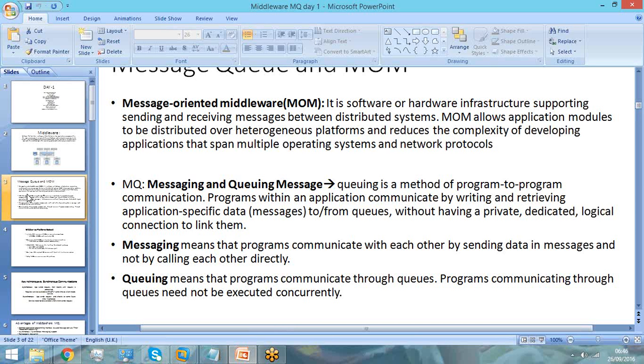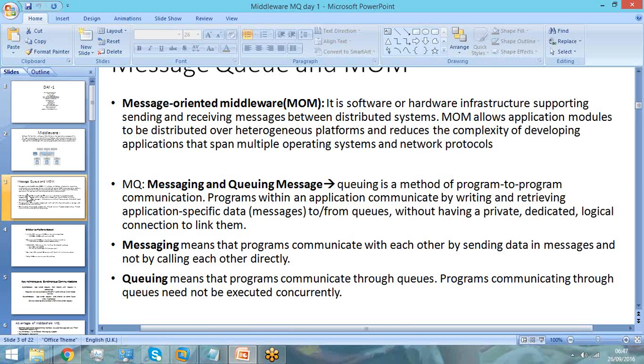So how does MQ exchange messages? It uses a queuing system. A program within an application communicates by sending messages to MQ software, and some other application or the same application can receive the message. That is how MQ software works.